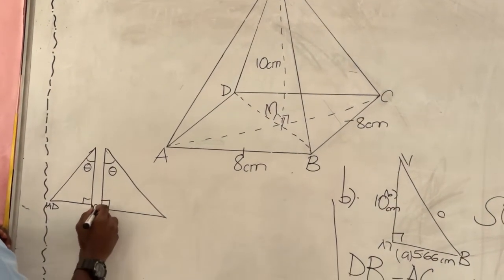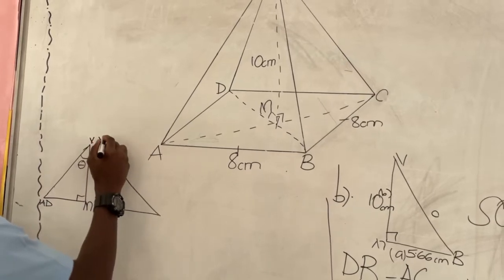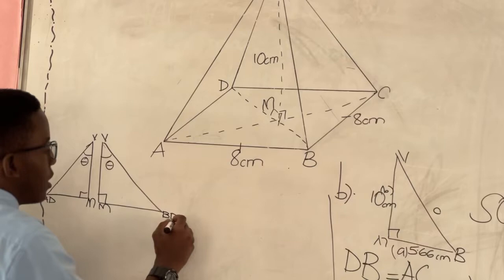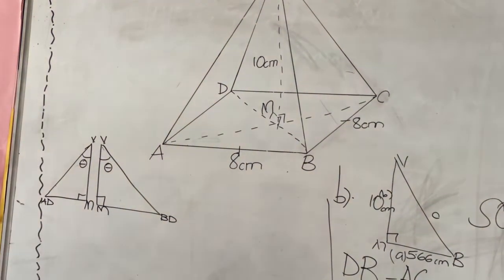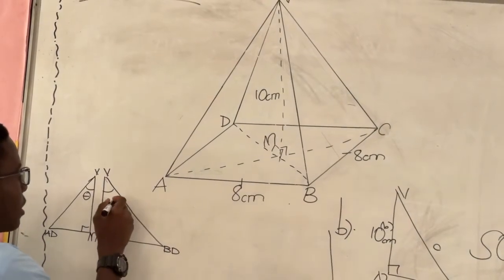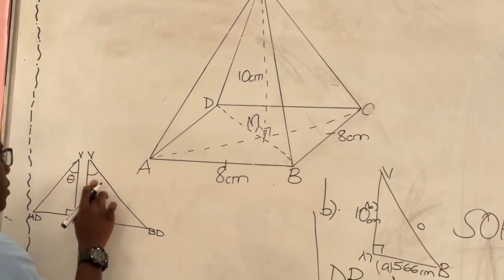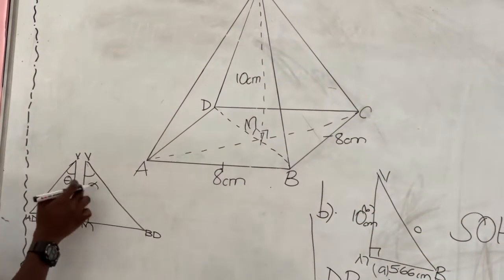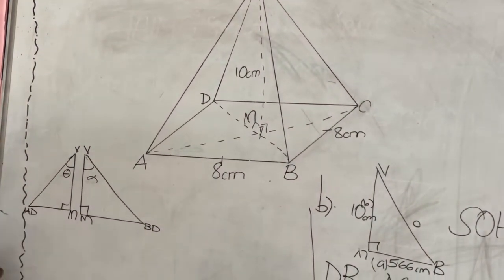This is M and this is V. This is also V. This is M and this is BD. So how am I going to find this angle? We call this another angle, maybe alpha. How are we going to find both of these angles?